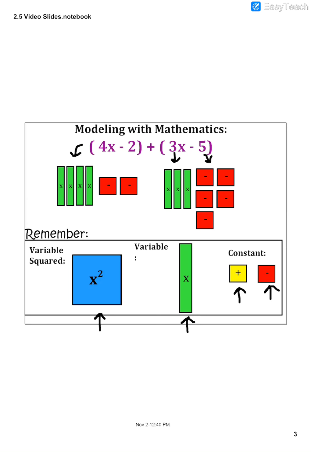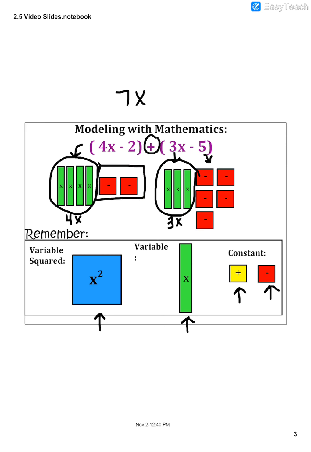Because I'm adding these together, I'm combining them, so I'm going to put my chips together to see how many I have. Well, if I combine the x's with the other x's, I have 7x. 4x plus 3x gives me 7x. Now, my red chips would combine together.